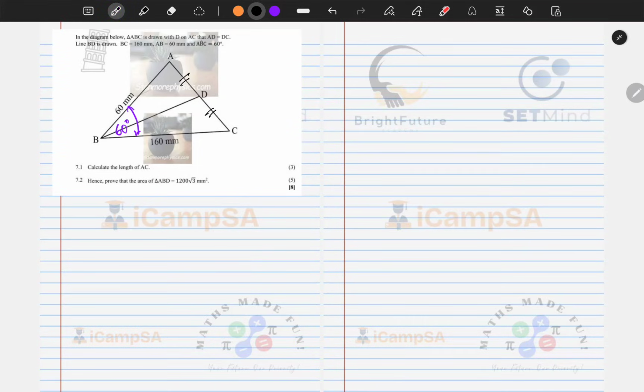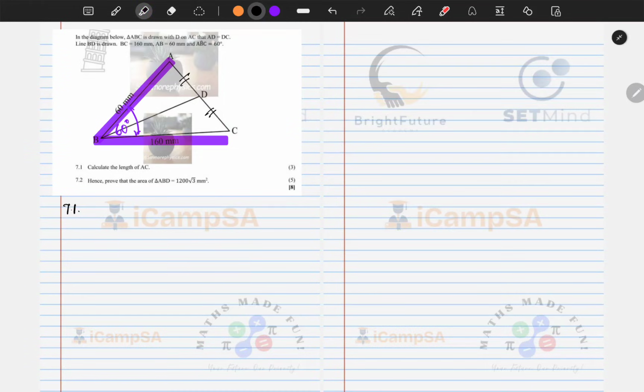Great. So here, in order for us to solve 7.1, we have to calculate the length of AC. So here, this is your typical cosine rule question. So you have two sides. This is the side that you have, and this is the side that you have, and then the included angle, right?